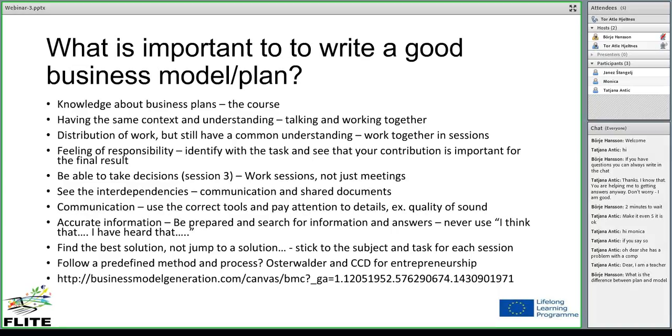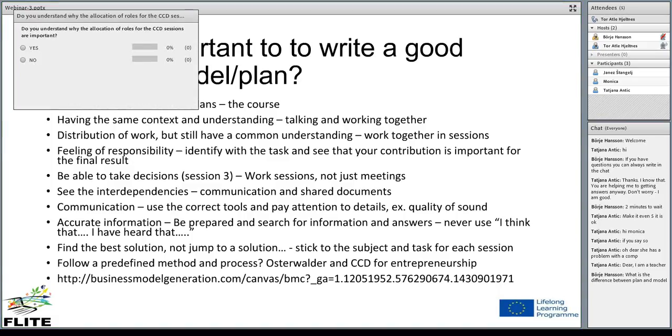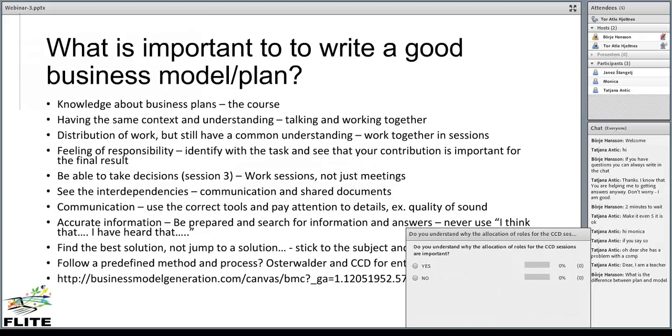Another thing that's important is to be able to see the interdependencies between the different subjects in a business plan and a business model. And to be able to see the interdependencies, we need to communicate, and we also recommend that you use shared documents.